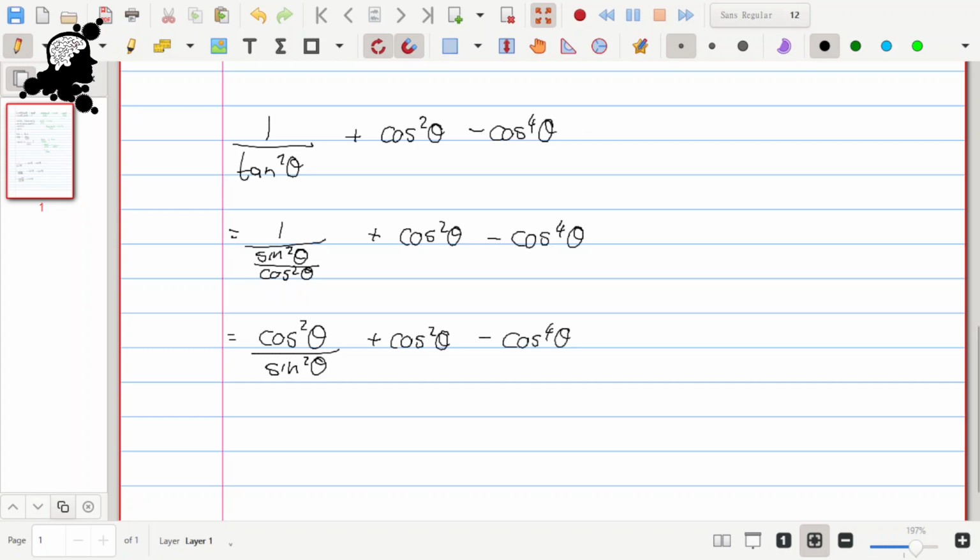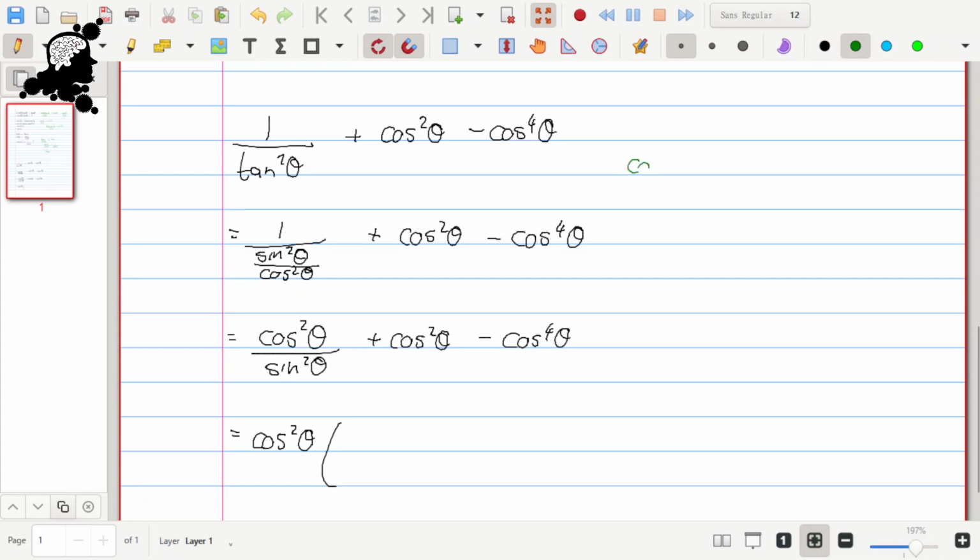Now when I get to this point, I can see that I've got cos squared theta and cos to the power 4 theta. So that should tell me that my common factor is going to be cos squared theta. Let me do the division for the sake of clarity.